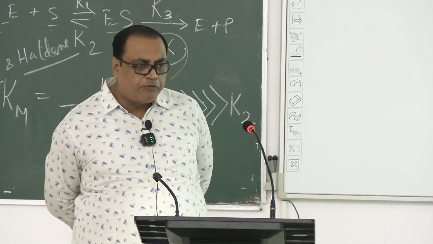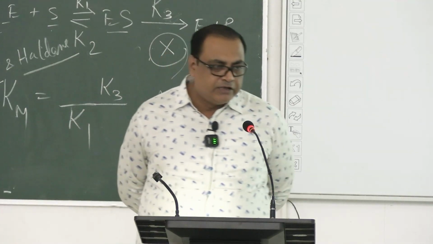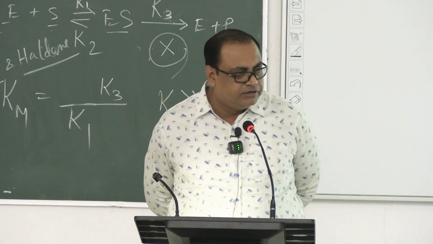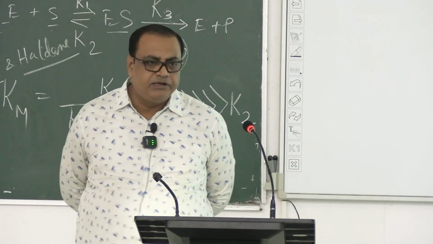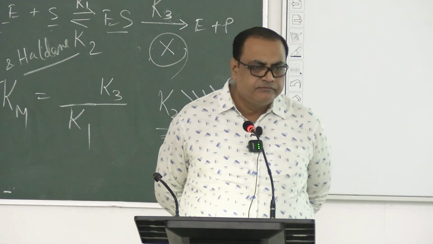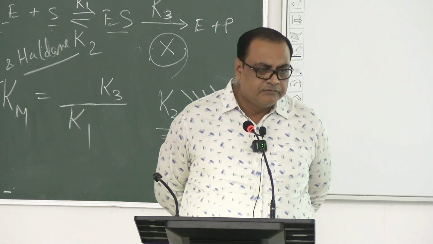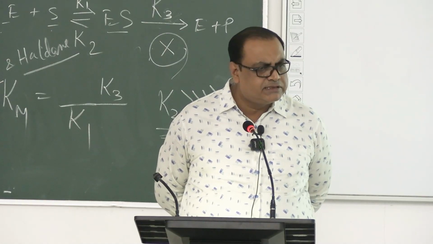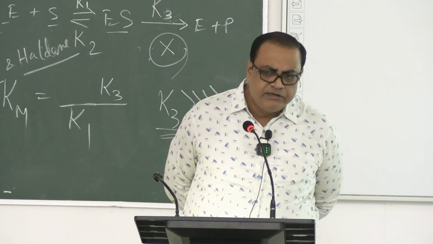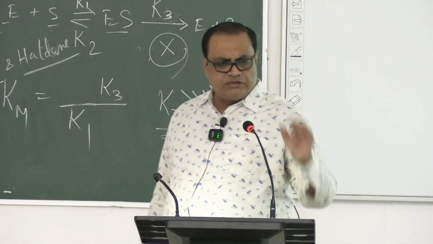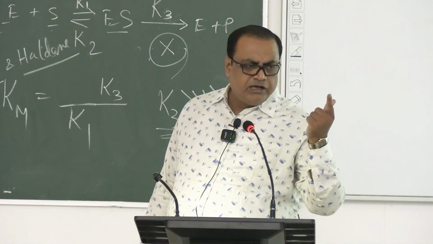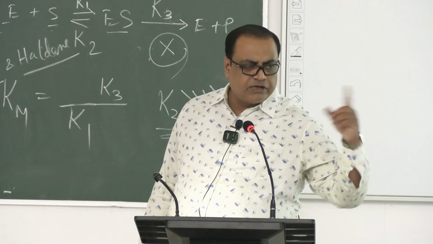If it was just opposite, if hexokinase had replaced glucokinase, then what would have happened in liver? Low Km means high affinity. So that means a small amount of glucose concentration will trigger the conversion of glucose to glycogen in liver.